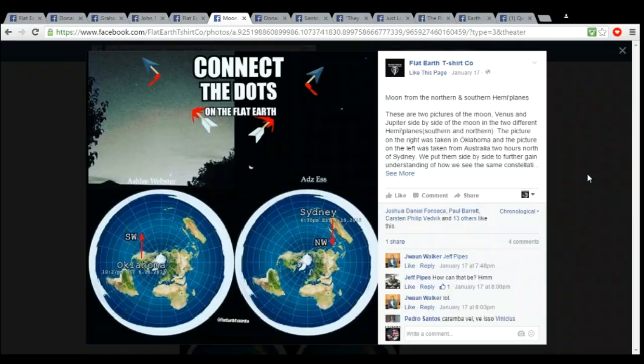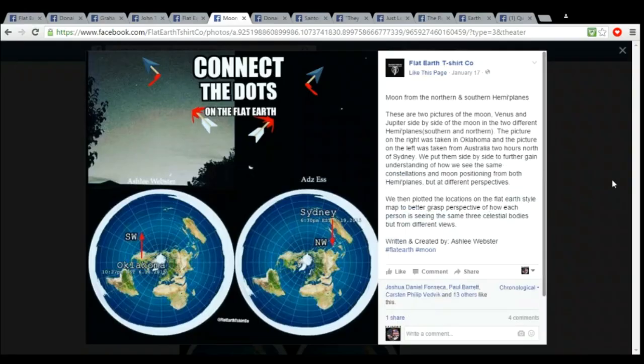We put them side by side to further gain understanding of how the same constellations and moon positions appear from above hemiplanes, but different perspectives. We then plotted the locations on the Earth, or the flat Earth style map, to better grasp the perspective on how each person is seeing the 3 celestial bodies from different views. As you can see, folks, doesn't lie.